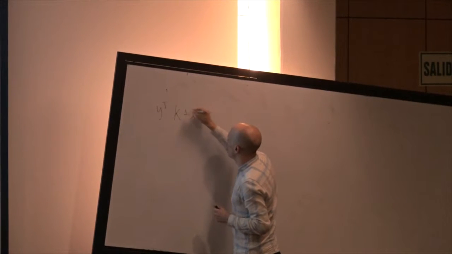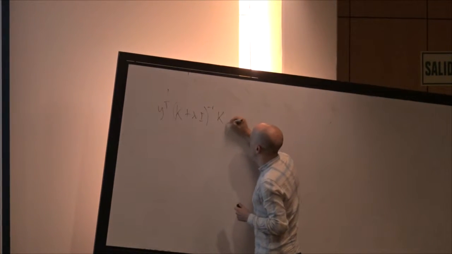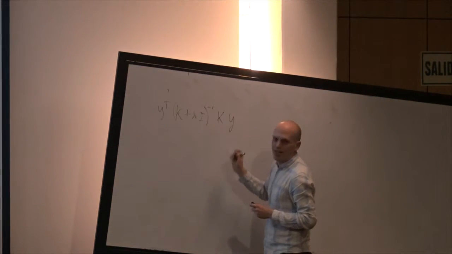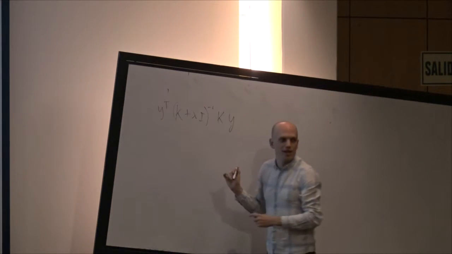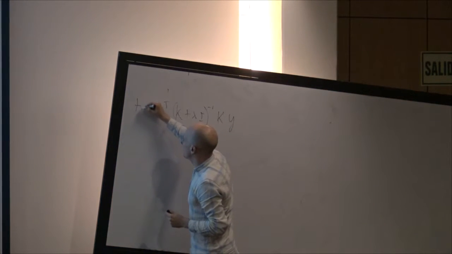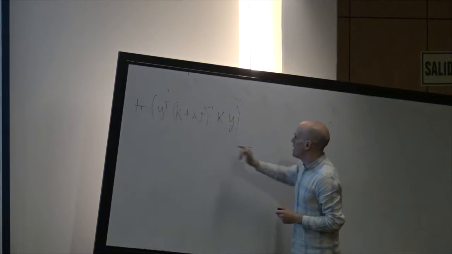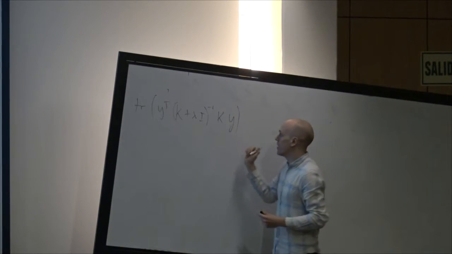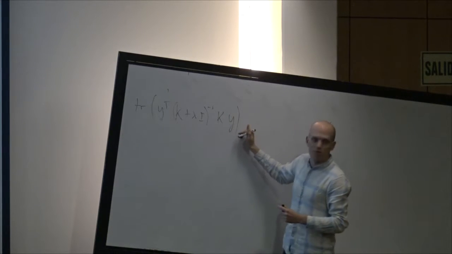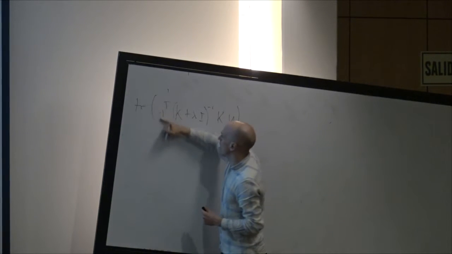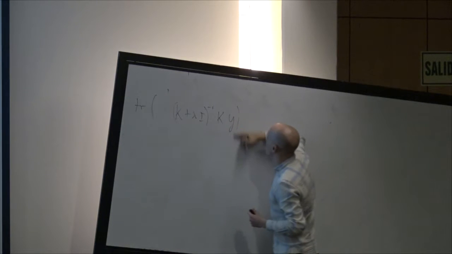So I've got y transpose (K plus lambda I) inverse K y. Now this is a scalar, so I can take the trace of a scalar, and it's still a scalar. When I take the trace of something, I can commute the ordering, so I can take this y transpose and put it at this end.